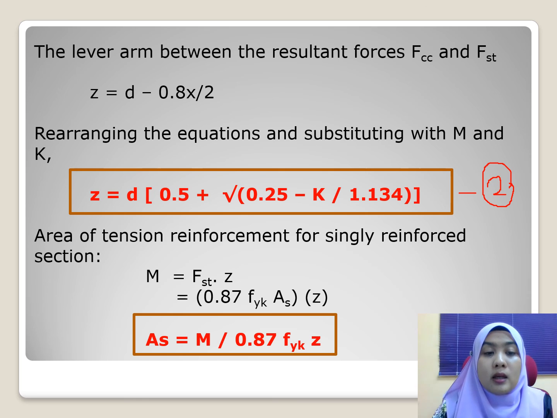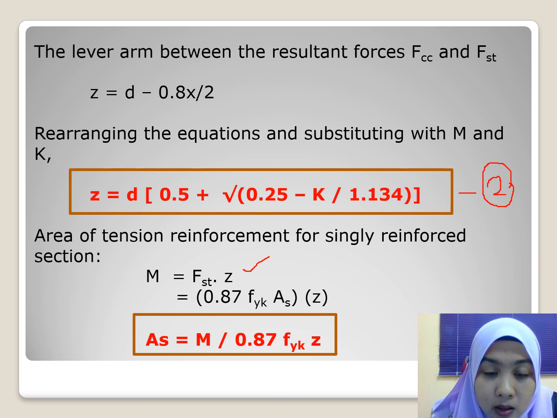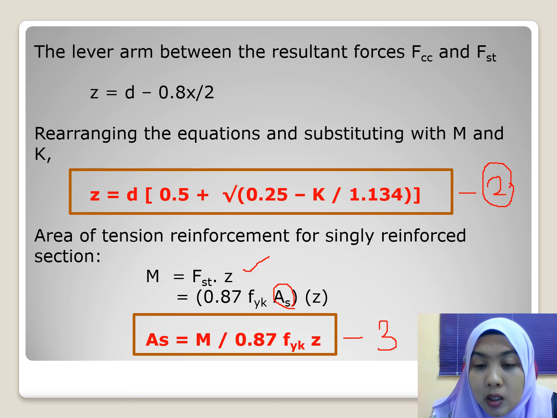Then the area of tension reinforcement: you substitute the FST equation, 0.87 FYK AS, and Z here, and rearrange so that you get the AS value. This is the third equation that you are going to use in design. Since in design we don't know how much steel reinforcement we are going to use, we use these three steps to get the area of reinforcement required.